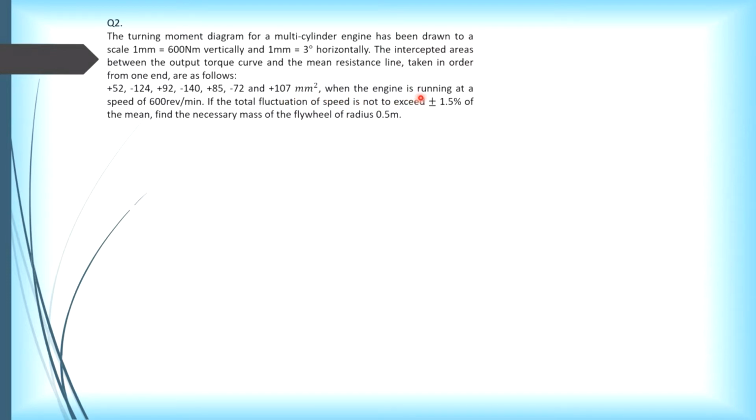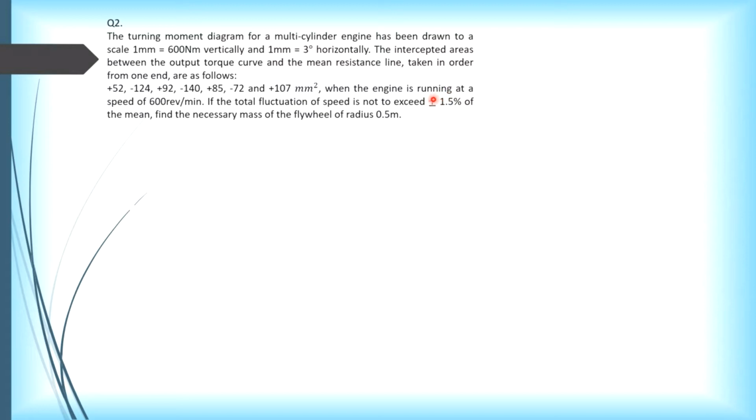The engine is running at a speed of 600 revolutions per minute, and the total fluctuation of speed is not to exceed plus and minus 1.5% of the mean speed. So you take the maximum to be positive 1.5% of mean speed and the minimum to be negative 1.5% of mean speed.